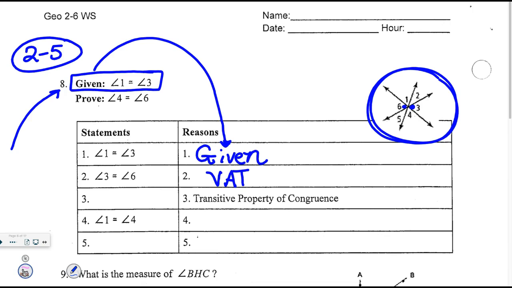Vertical angle theorem. Now, if you didn't take the notes, you don't know what the transitive property is. So I'd go take them, but I used this with the B group. So you guys at home, you were here when we talked about this, but I'm going to repeat it for the A group. We called him the middleman.